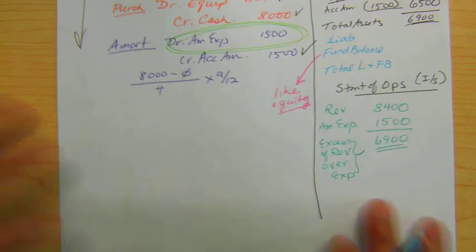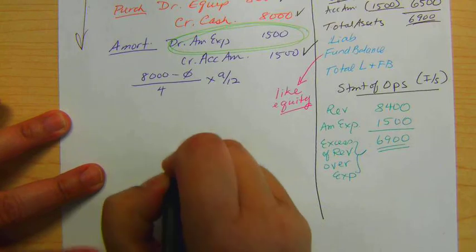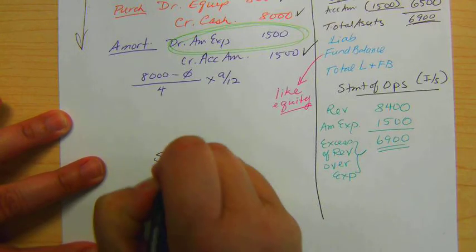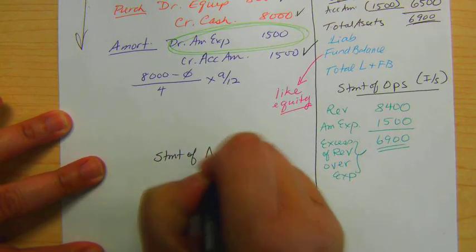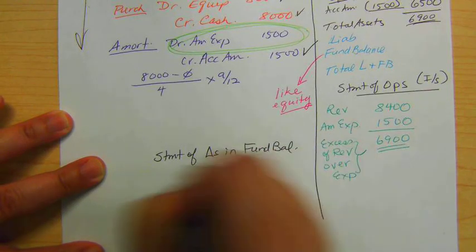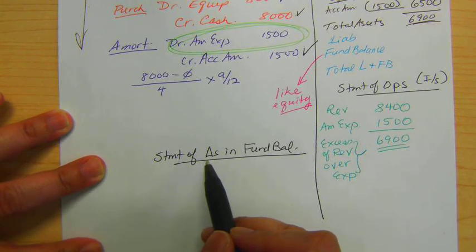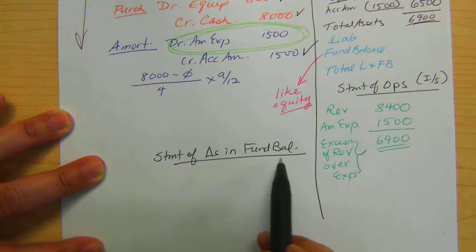So I'll just do a little thing here for, let's call it, statement of changes in fund balance. You guys know the little, oh my God, delta, right? It's been a long time. It's changes. Statement of changes in fund balance.